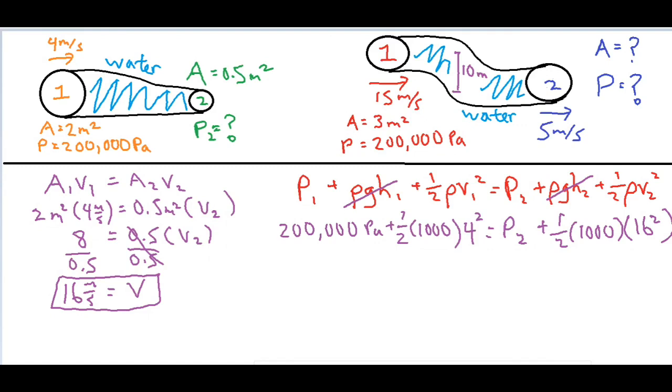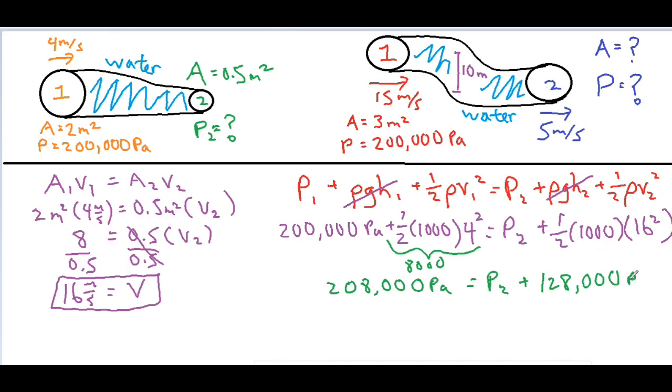If I multiply out these numbers here, that comes out to 8,000, which leaves us with 208,000 pascals over here. And then if we combine all these values over here and find the product, we get 128,000 pascals right there.